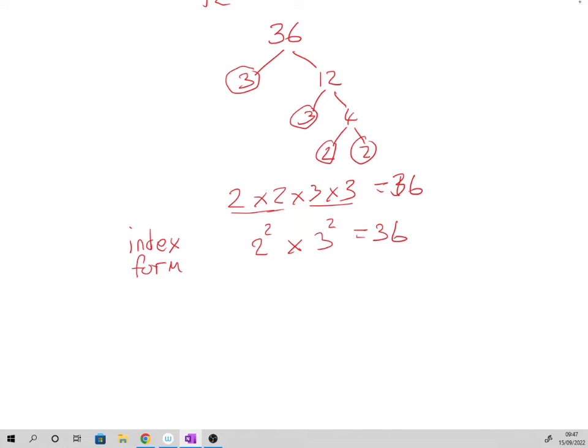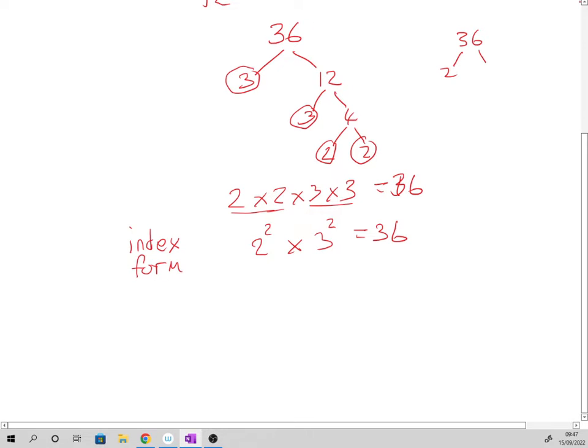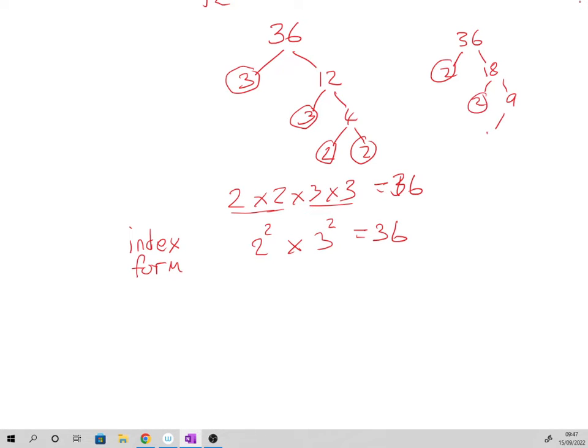So that's using a factor tree. You can use any numbers you like. If, for example, with that 36, you just went 2 times 18, and then 2 times 9, and then 3 times 3, you see you end up with the same prime numbers, so it doesn't really matter what you use.